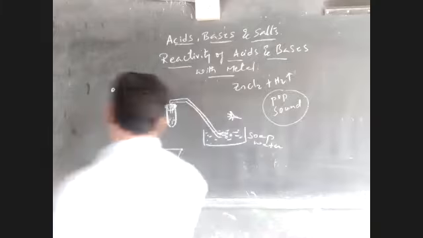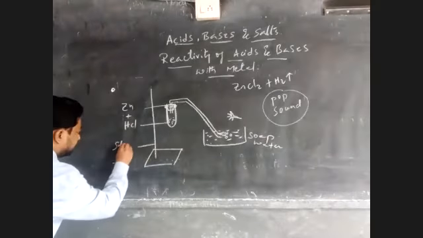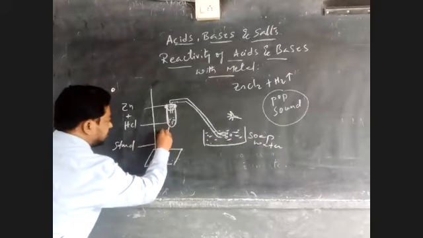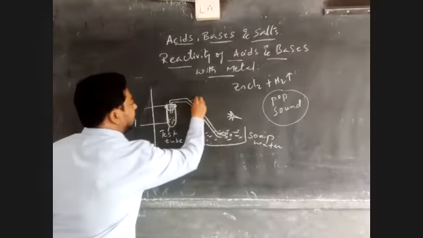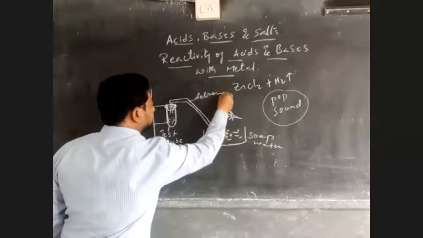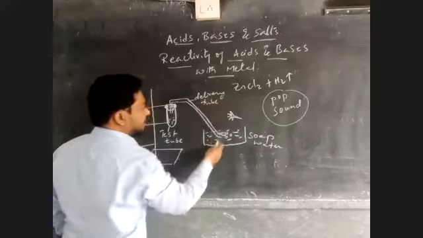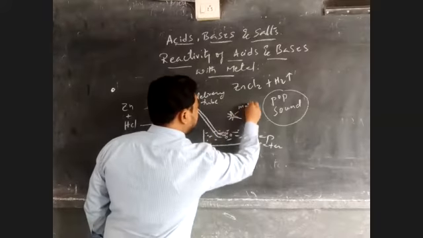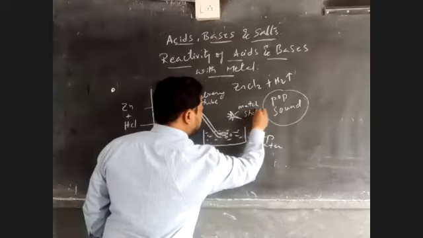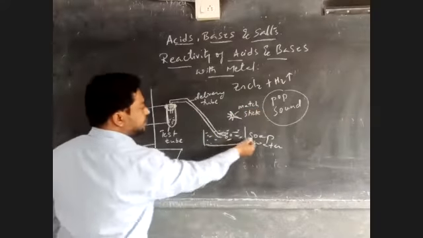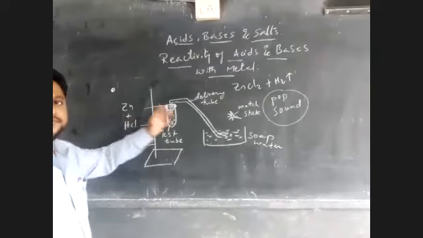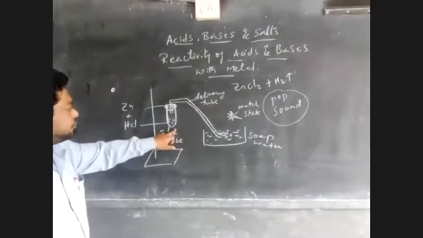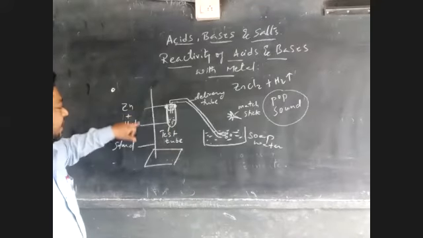So here we have the stand, the test tube, the delivery tube, a matchstick, and a tub with soap water. Let me repeat once again. We take a test tube filled with HCl and zinc.